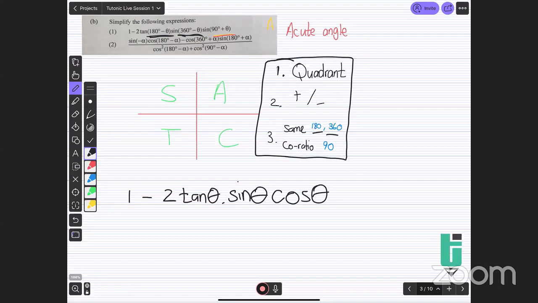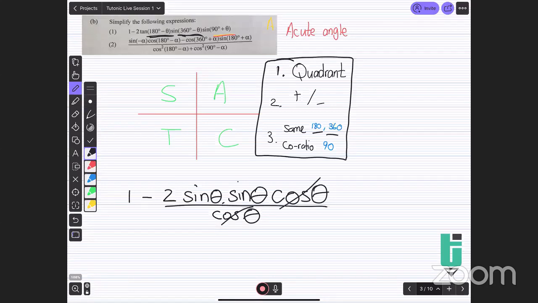So how can we simplify this? Identity for tan, which is sine over cos. Which leaves you with 2 sine times sine, which will give you 1 minus 2 sine squared.